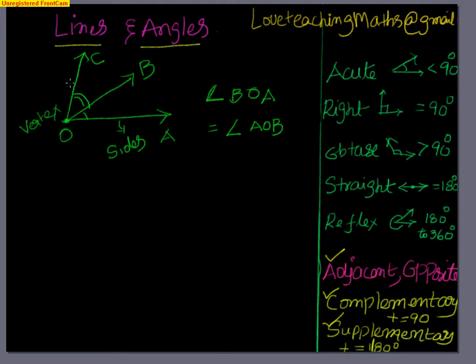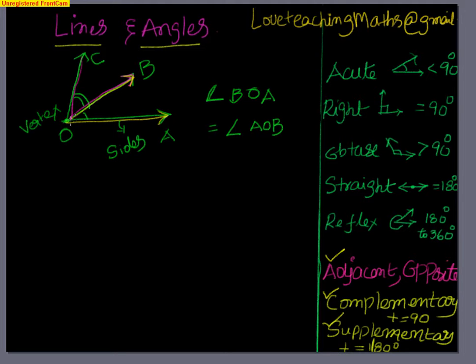Also, if you see here, there are two angles, but you can observe that these two angles have a common side. So angle COB, and the next angle is angle BOA.